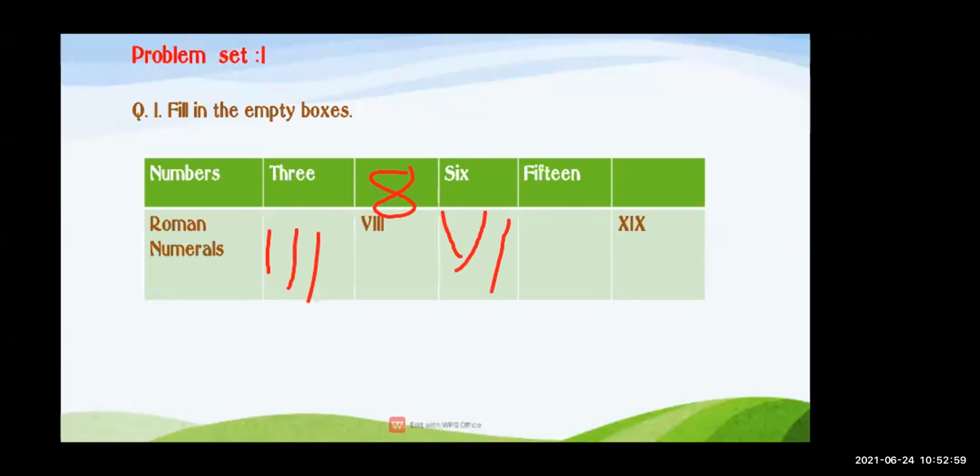Now next it is given 15. How are you going to write 15? Very good. Prathamesh has given the first answer. I want another student. Very good, Suchi. Any other student, fast? How will you write 15? Very good, Amay.